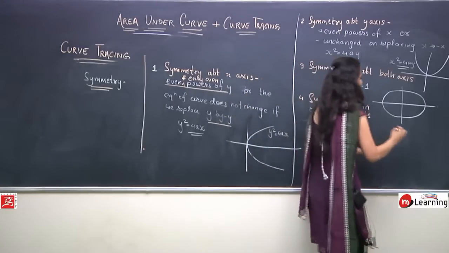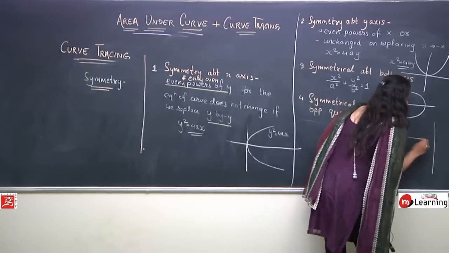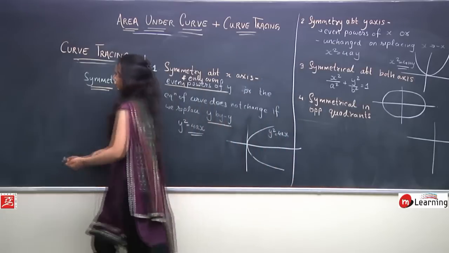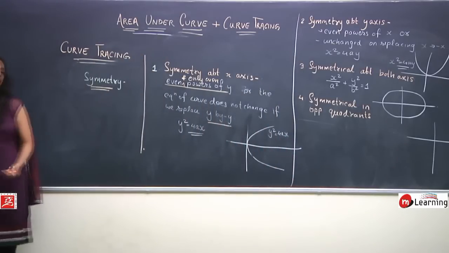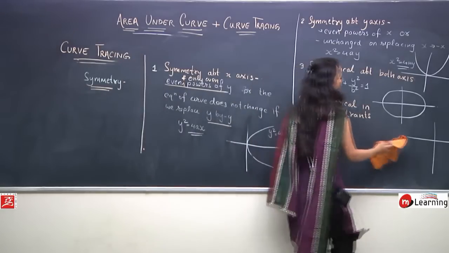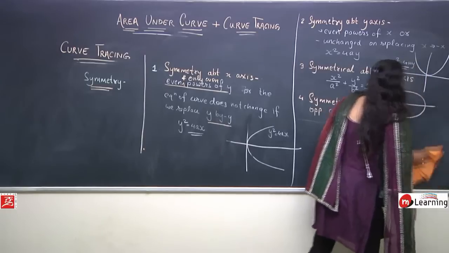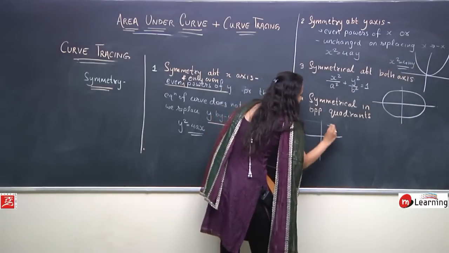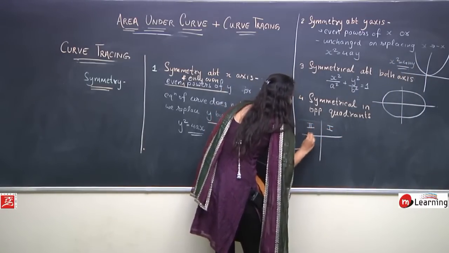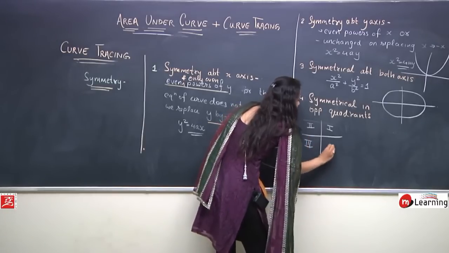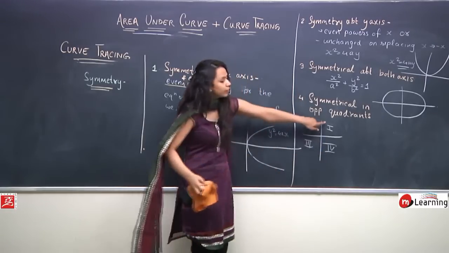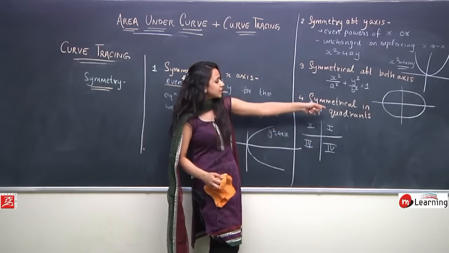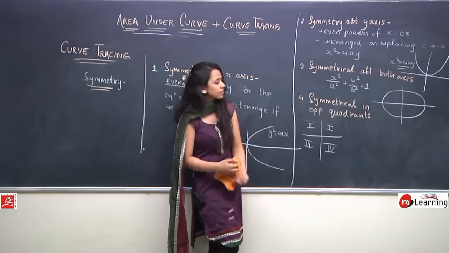So if this is my quadrant system, this is first, this is second, this is third and this is fourth quadrant, तो मैं कहूँगी first और third quadrant opposite हुए, second और fourth quadrant opposite हुए. So the condition says a curve can be symmetrical in opposite quadrants.